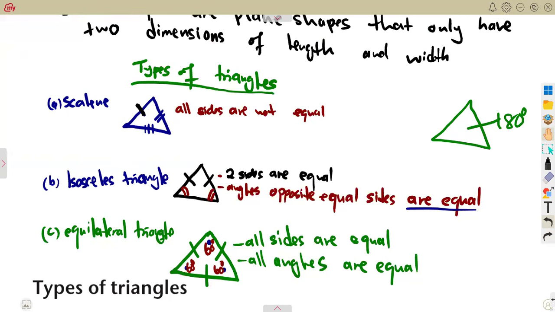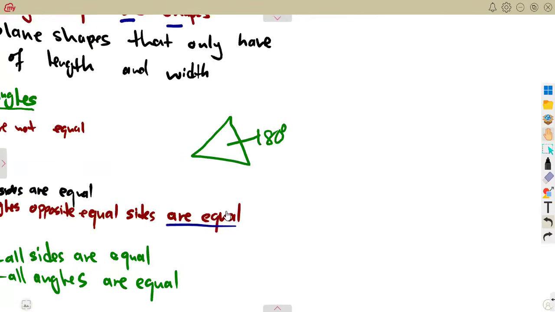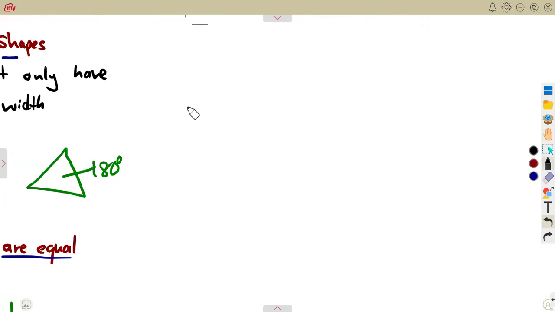All right, so these triangles, they depend. You must consider that. All right, so let's also consider a right-angled triangle. It's another part that you can just consider as an important triangle to be considered in our syllabus. That is a right-angled triangle.